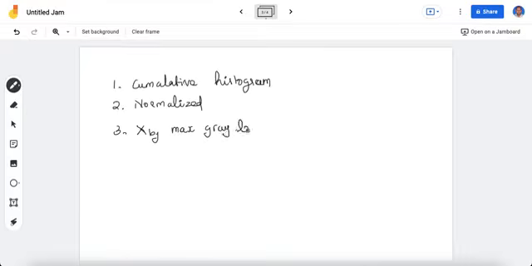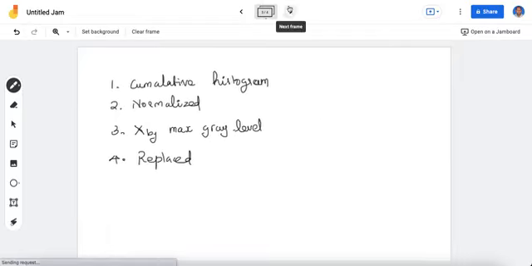The maximum gray level for a binary image is 1. For a gray image it will be 255, right? For a color image also it will be 255 in each and every color component. And last one, the third step will give you one result, and that has to be replaced with your existing value, right?